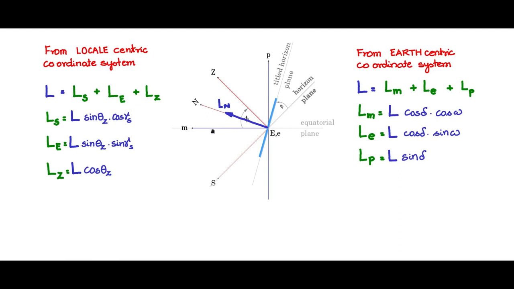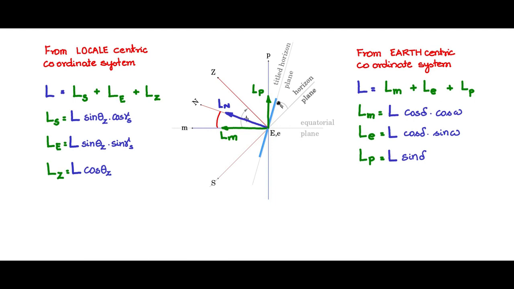And there are two vectors from the earth-centric coordinate system. One is Lm and another is Lp along the polar axis. Like as before, we will use the same method, and this is Lp. Now Lp and Lm can be resolved onto this n axis in the following manner, knowing this angle.